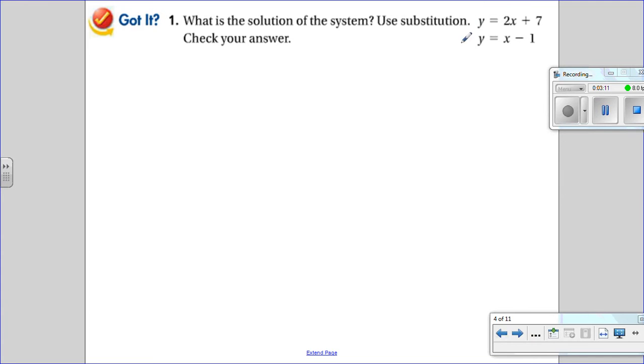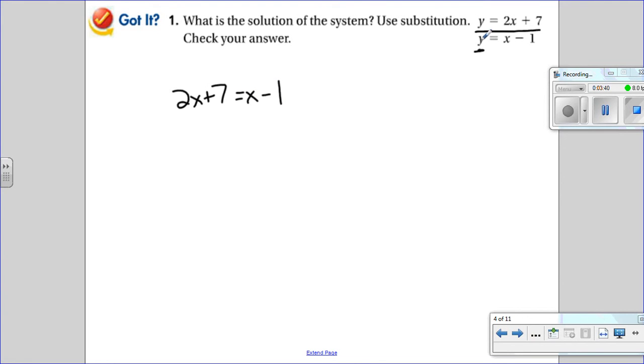Okay, let's try another one. Here, again, the equations are both in y equals, so you can take either one. It really honestly doesn't matter. How about I take this one and plug it into this one? We replace the y with what y equals: 2x plus 7 equals x minus 1.